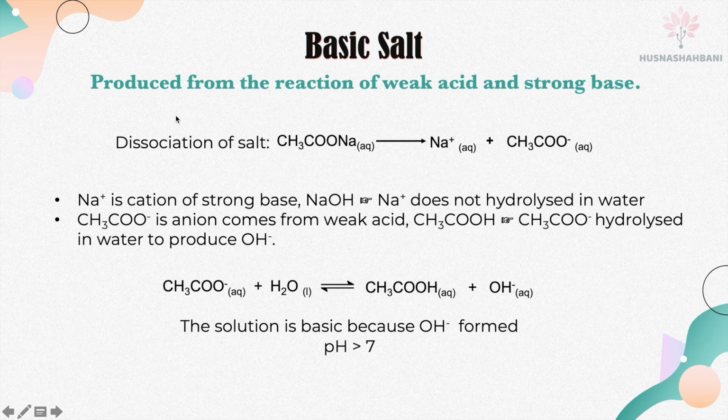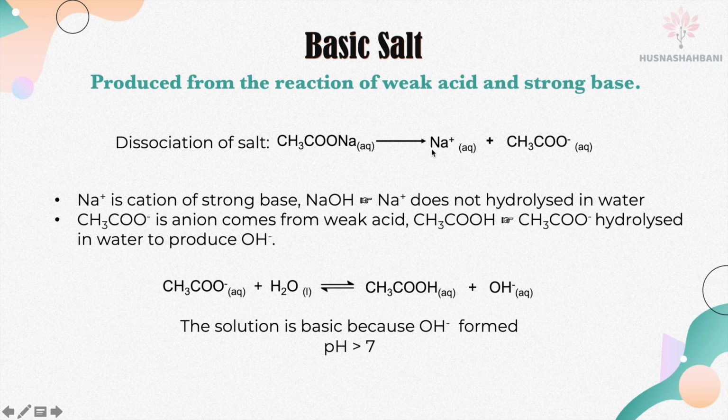Basic salt is produced from the reaction of a weak acid and a strong base. Dissociation of the salt CH3COONa will produce Na plus cation and CH3COO minus anion.